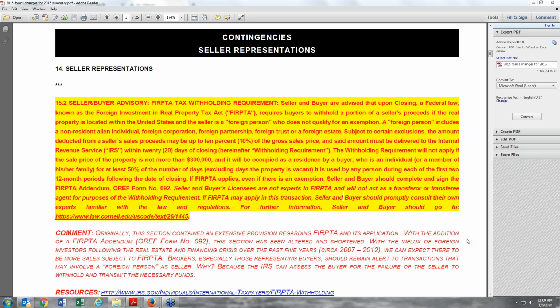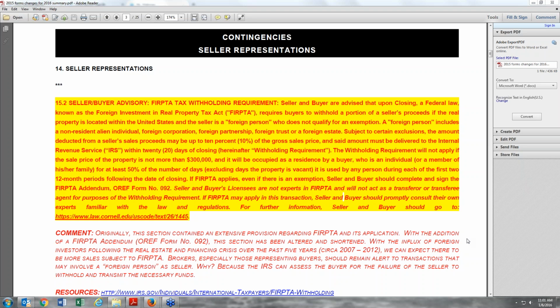Now, don't ask me why it says the first 2 12-month periods. I mean, maybe this is government speak, but it would seem to me to be easier just to say used by any person during the following 24 months. So this is government speak, and that is the exemption. And if that exemption applies, even if the person is a foreign person, then FIRPTA is not going to apply.